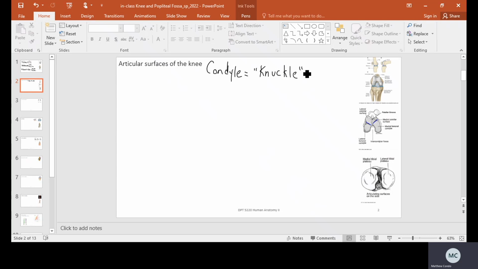All right, so if we're going to look at a toe-to-head view of the femur, basically what we're going to see here, this is the exaggerated view, obviously, because I can't draw. This is my medial femoral condyle.